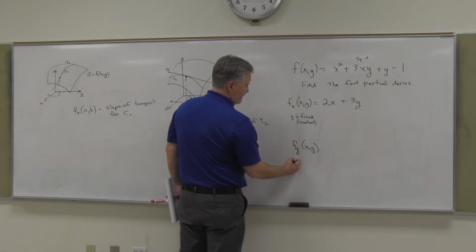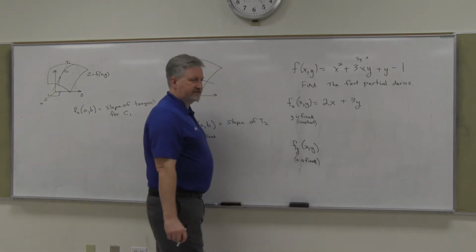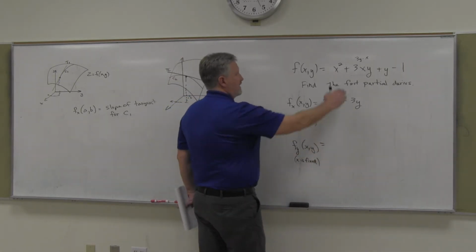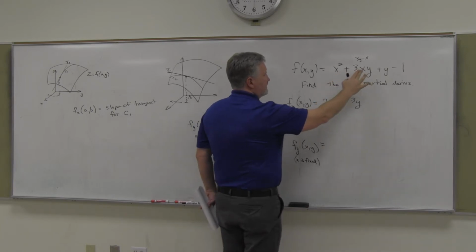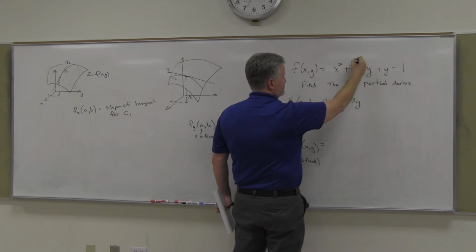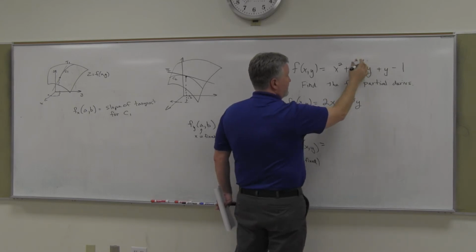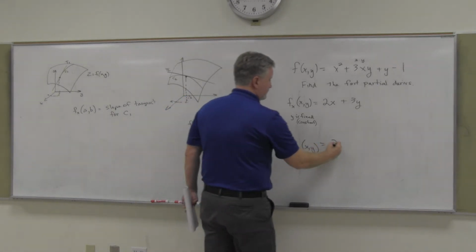When doing the partial with respect to y, the x is fixed. So it is constant. That changes things a little bit. Now the x squared is constant, so the derivative of that's 0. For the 3xy, I'm thinking that's 3x times y. The 3x is just a constant, so the derivative is just going to be 3x.